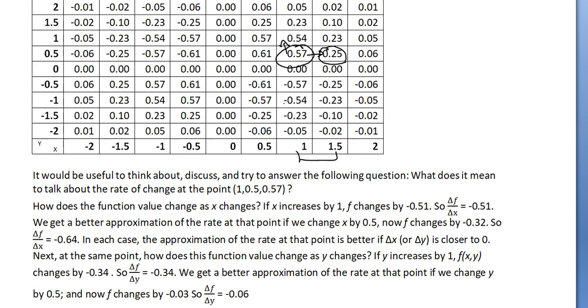So moving vertically, moving up, the change in y is going to be 0.5, and we get the change in the function is negative 0.03 using this point. And therefore, when we divide delta f over delta y, we get negative 0.06. So that's how we can think about it numerically.